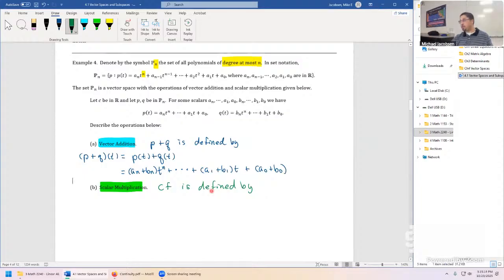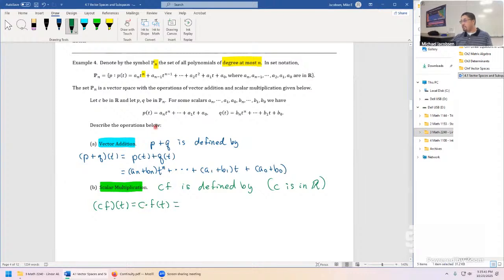So just to make sure we know what it is, let's make a mention. c is in R. So now we know it's a scalar. Then cf has meaning. It's a new vector in the space Pn. And if we have to say what it is, cf at t is defined to be c times f of t. Again, it's just reiterating the same definitions from C[a,b], the functional properties.